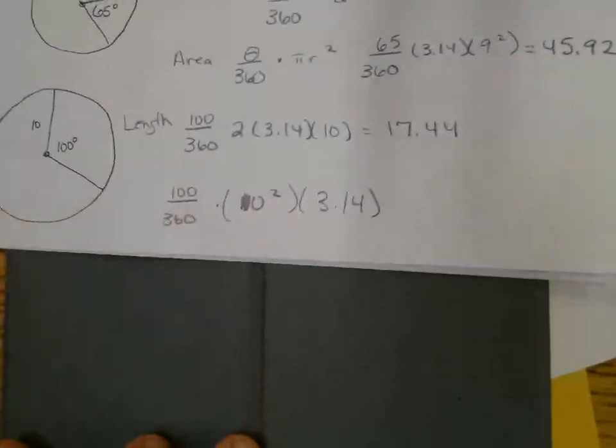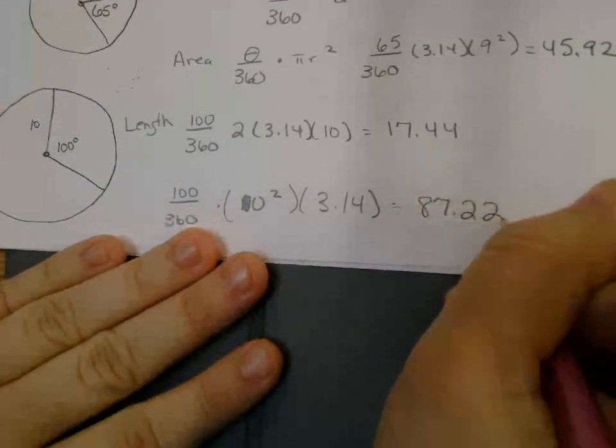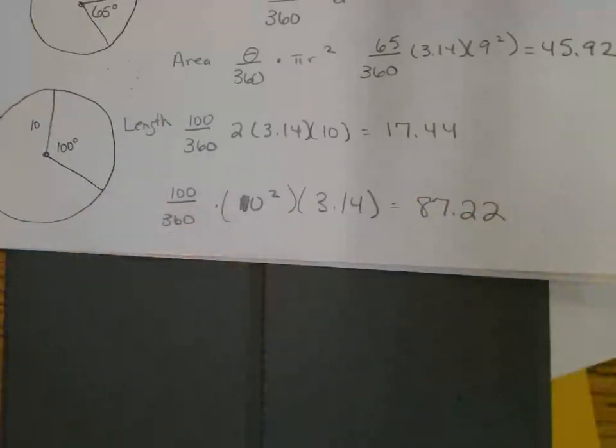So I'm going to do 100 over 360 times 10 squared times 3.14, which gives me 87.22. Any questions?